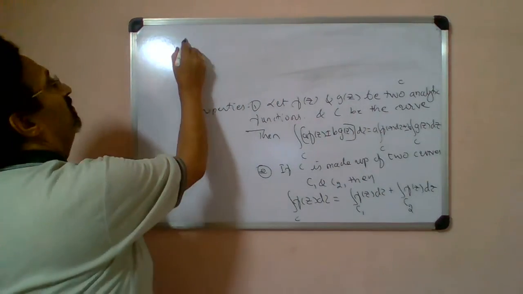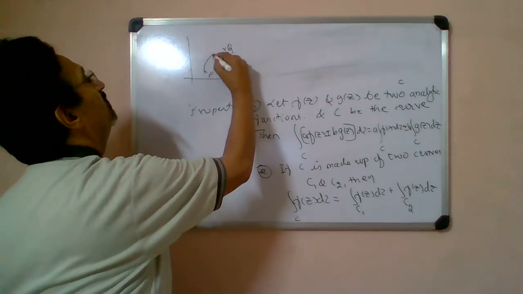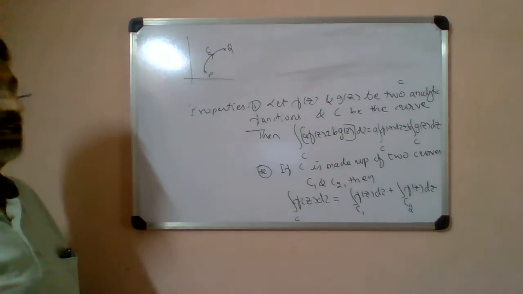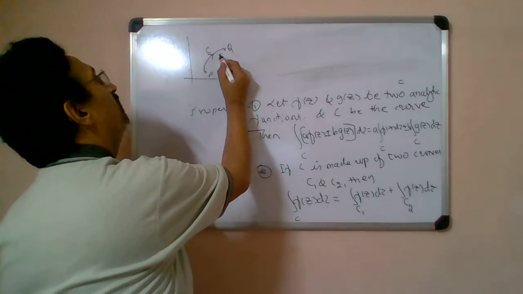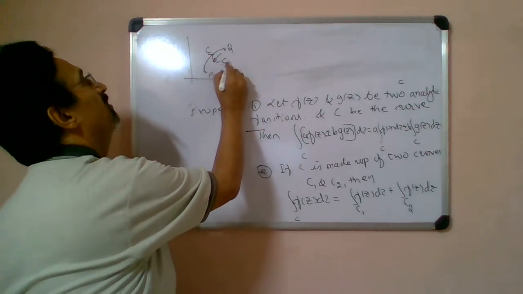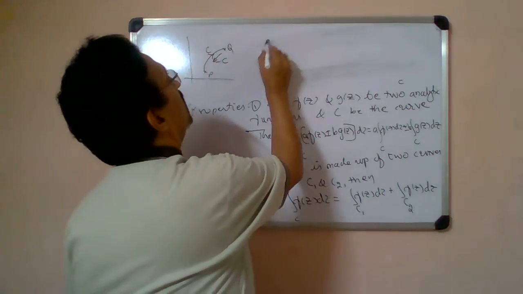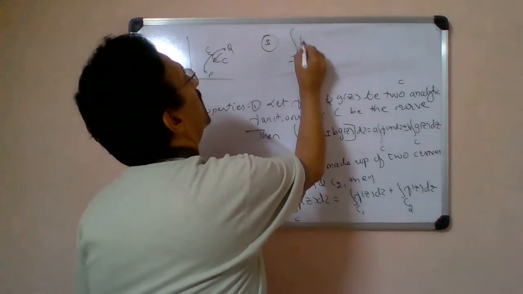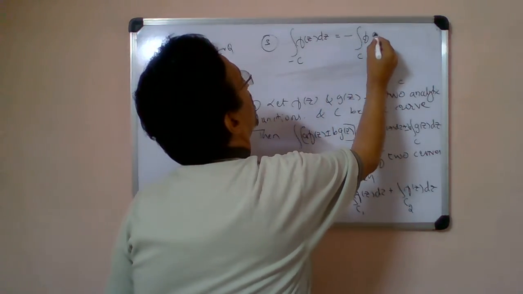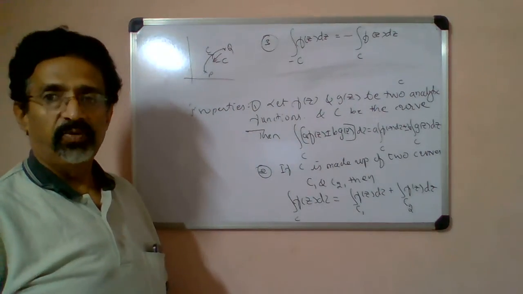If I consider a curve that starts from P and goes to Q, and I call this plus C, and if I come in the opposite direction, starting from Q and going to P, then it is called the negative of the curve C. I write that as minus C. The third property says the integration over minus C of f(z) dz is equal to minus the integration over C of f(z) dz.